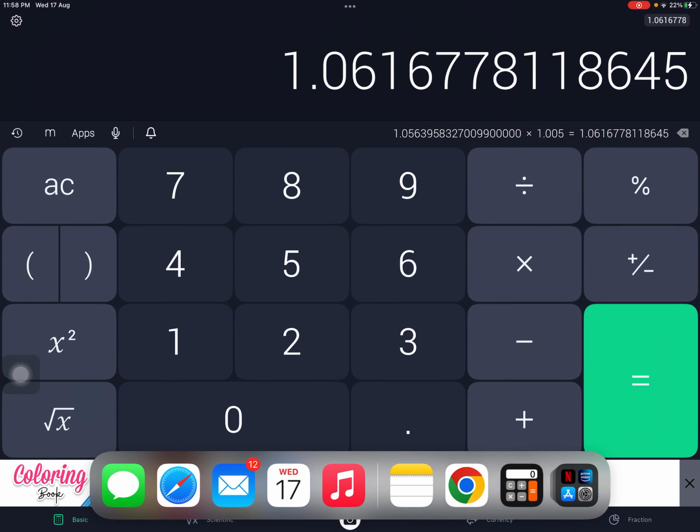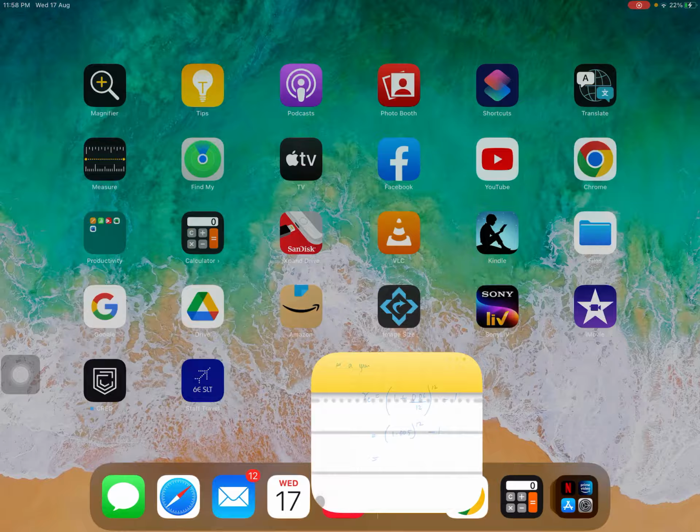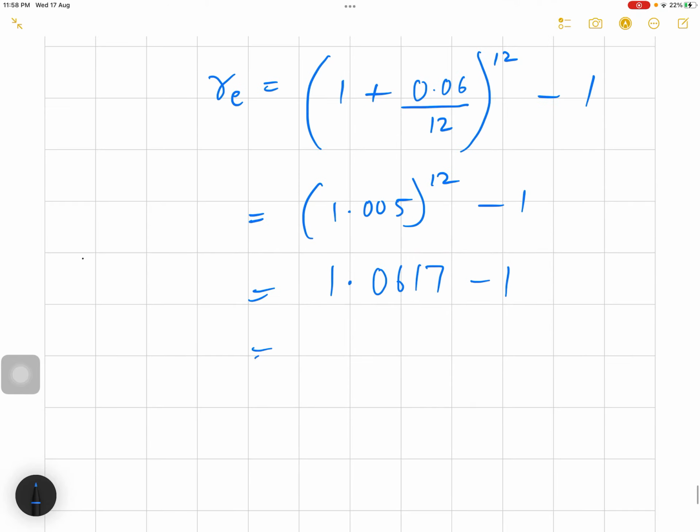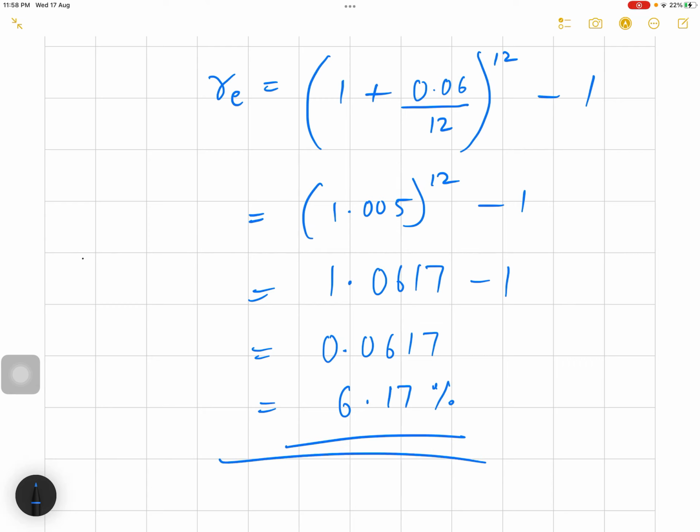Then 1.0617 minus 1 is 0.0617. So 6.17% is the effective rate of interest.